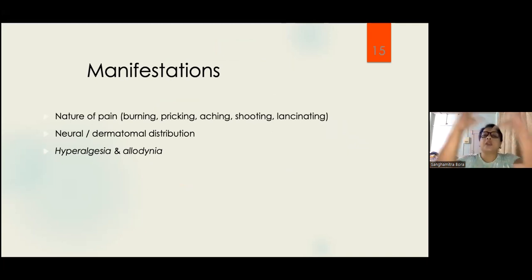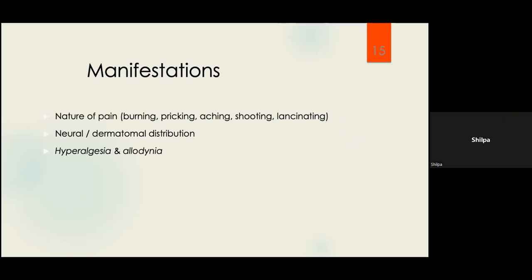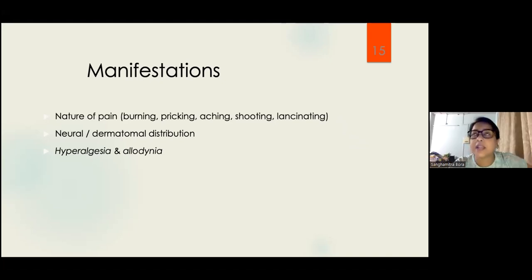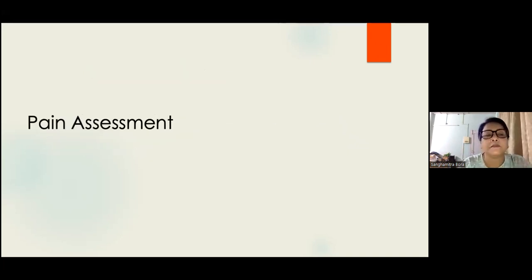There is usually a neural or a dermatomal distribution of that pain. For example, if the patient is suffering from, say, herpes zoster, then you know how the infection occurs. If it is in the thoracic nerve, it might have a kind of neural or dermatomal distribution. And it is always associated with hyperalgesia and allodynia if not treated.